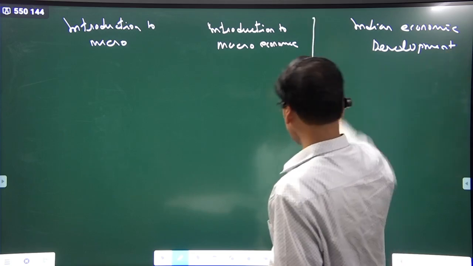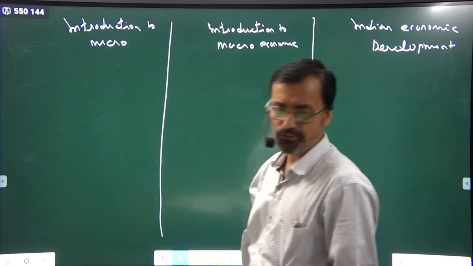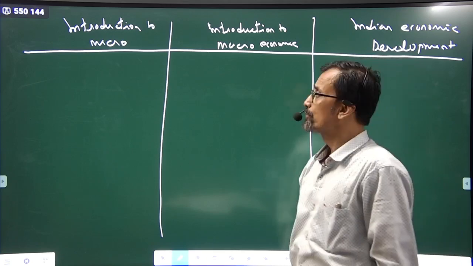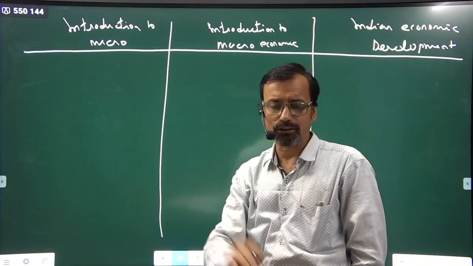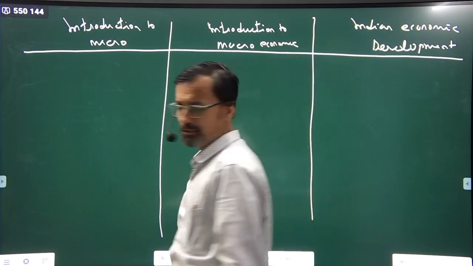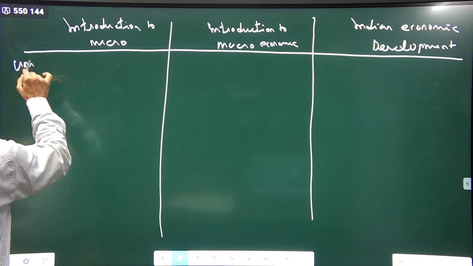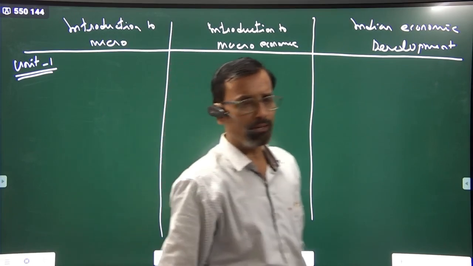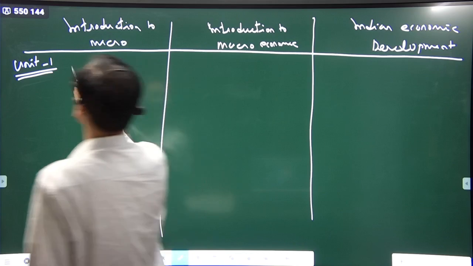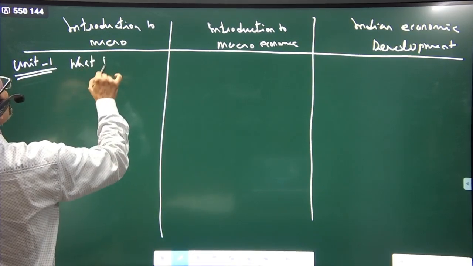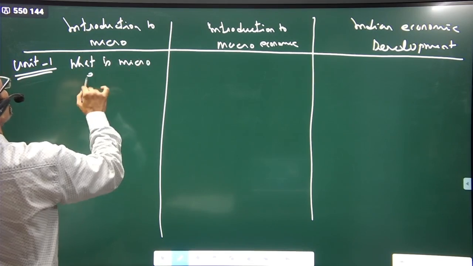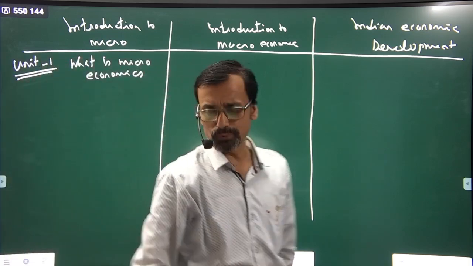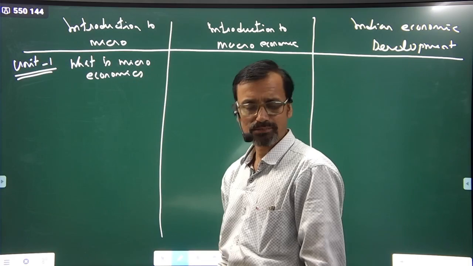Now let's see what the units are that we need to follow here. Under introduction to microeconomics, there is unit 1, which basically talks about what is microeconomics.